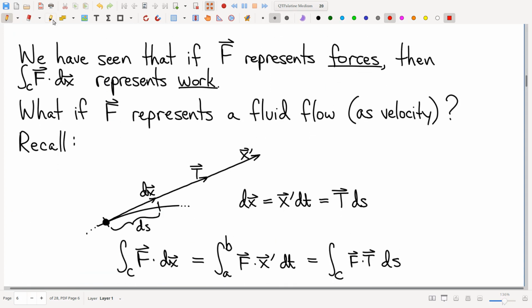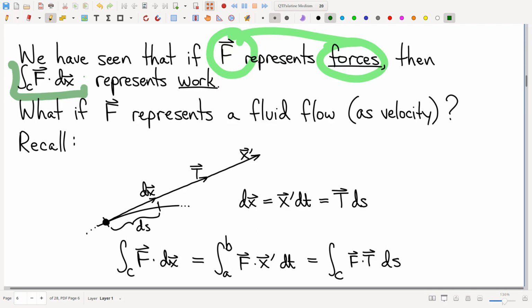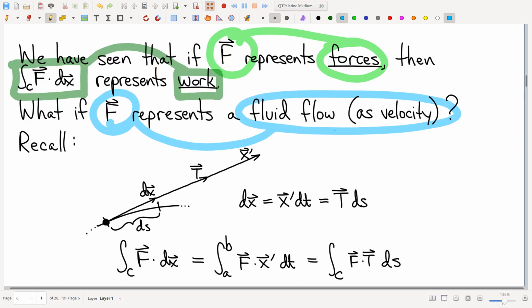So here's a new point of view we need to investigate. We have seen that when our vector field represents forces, then the vector line integral computes work. This is our motivating example. This is why we wrote down and decided that we liked vector line integrals in the first place. You give me a force, this computes the work. Okay, here's the thing though. Keep in mind, sometimes vector fields represent fluid flows.